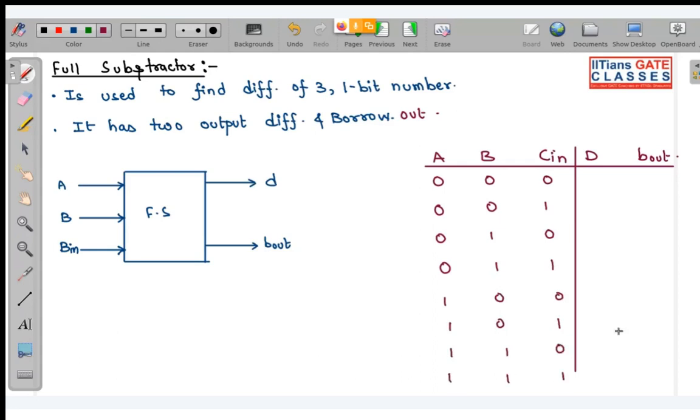Tell me quickly what will be the difference and borrow over here. Means expression. Tell me expression. Don't tell me this one, okay?